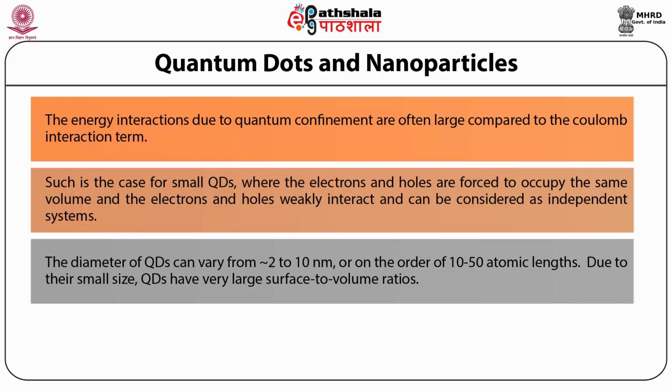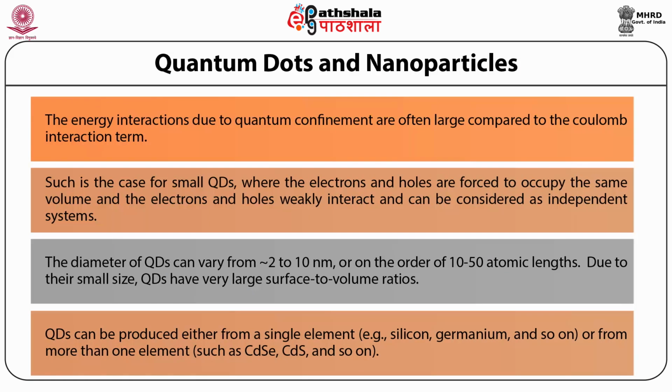The diameter of a quantum dot can vary from 2 to 10 nanometers, or on the order of 10 to 50 atomic lengths. Due to their small size, quantum dots have very large surface to volume ratio. As a result, they have properties somewhere between the individual atoms or molecules and the bulk materials.